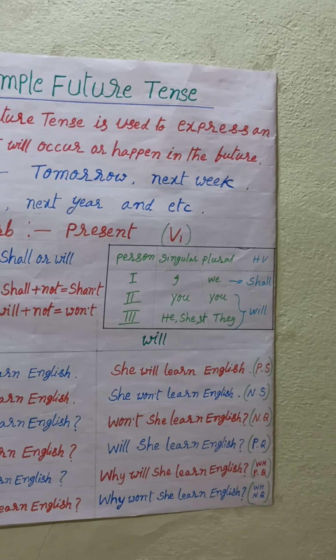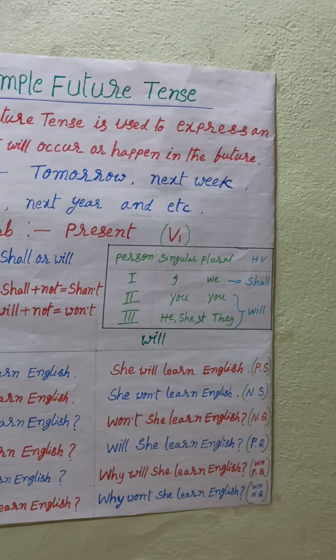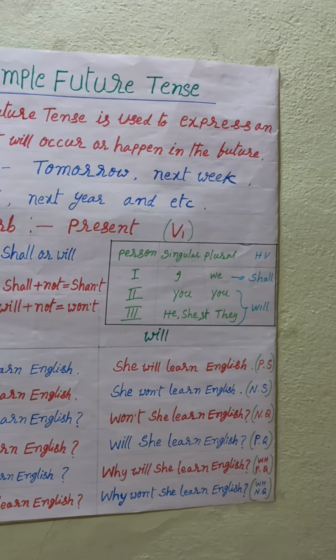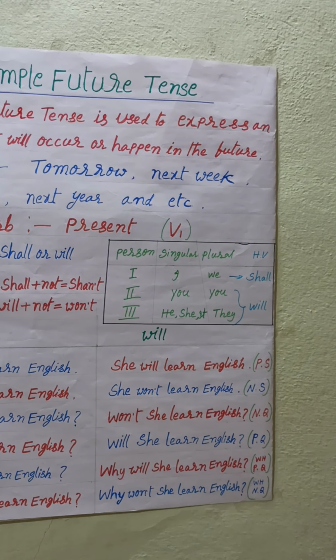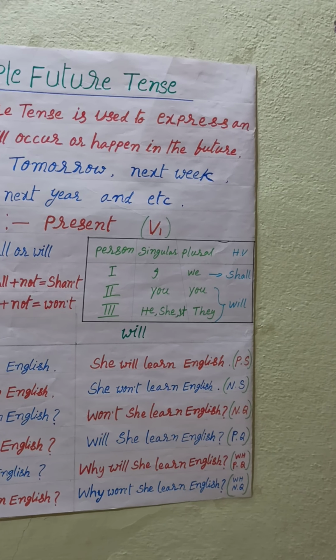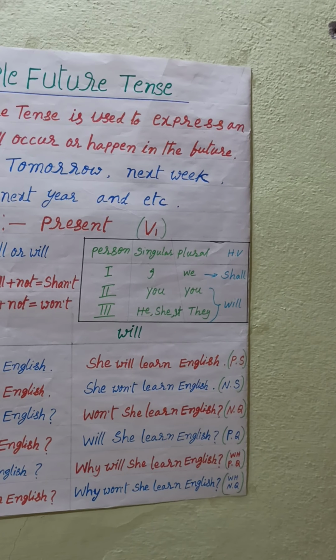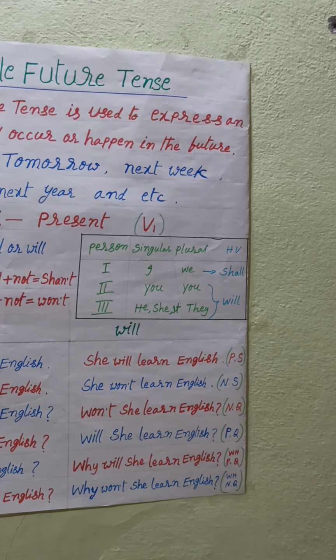Now we use in a singular also plural, that is you. Person 3: singular, he, she, it; plural, they.